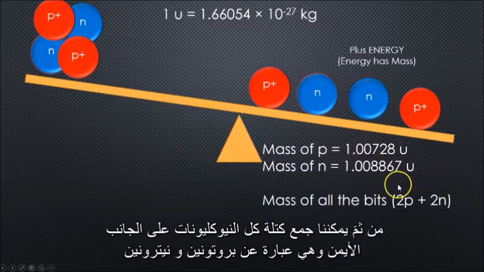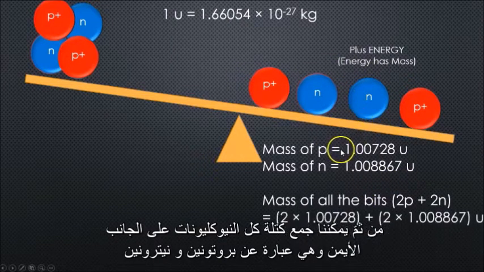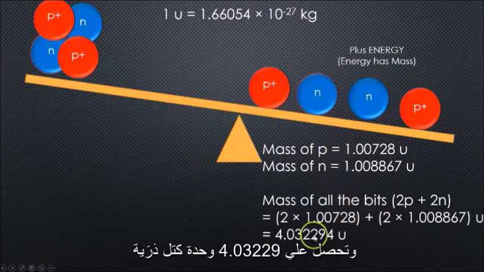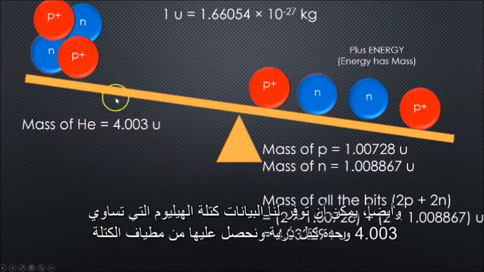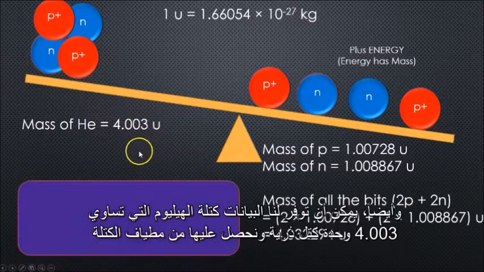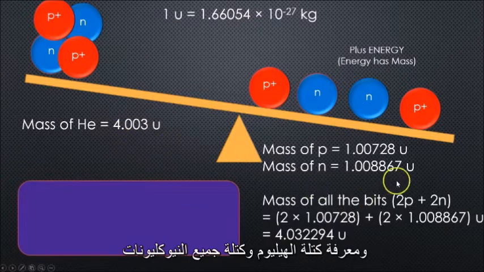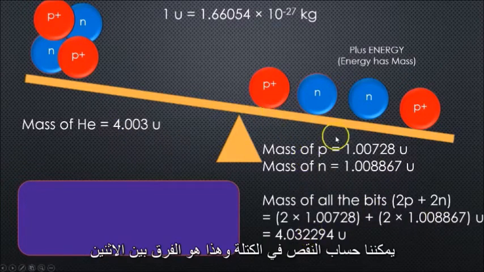So we can add up the mass of all the bits on the right hand side, that's 2 protons and 2 neutrons, and you get 4.03 U atomic mass units. Again, data can provide us with the mass of the helium. This number would have come from mass spectrometry. And knowing the mass of helium and the mass of all the bits, we can work out the mass defect.